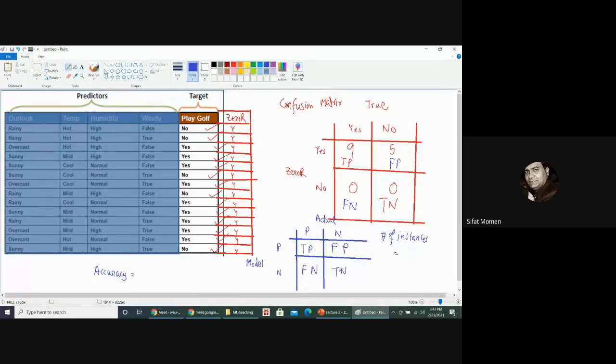So when you add all of these, you get the number of instances: true positives plus false positives plus false negatives plus true negatives. Correct?